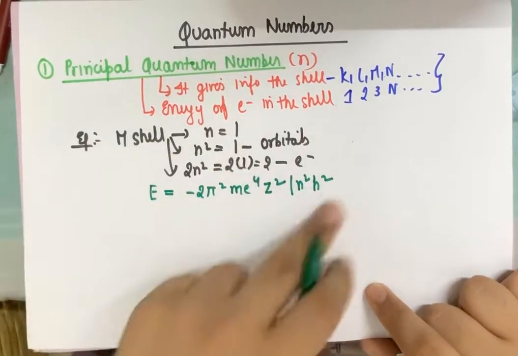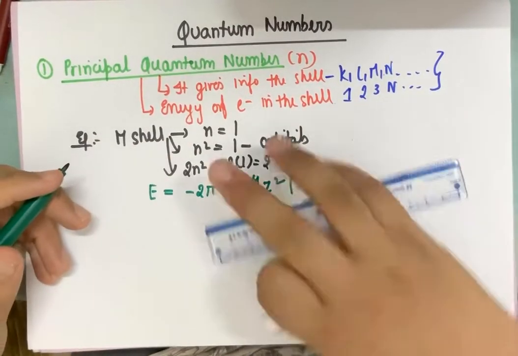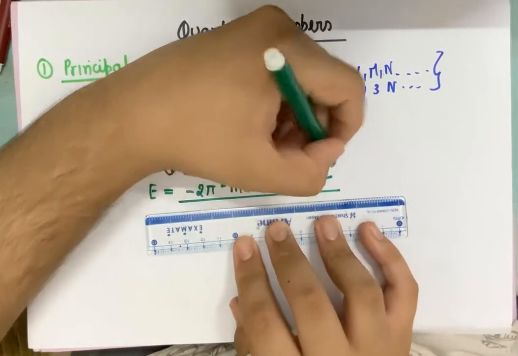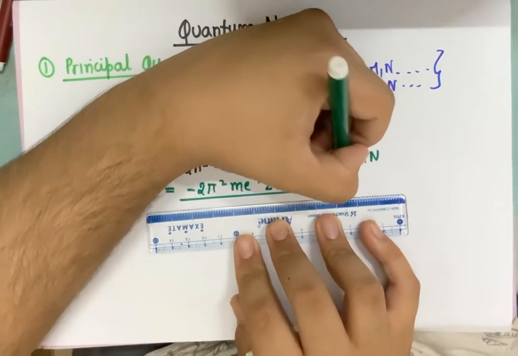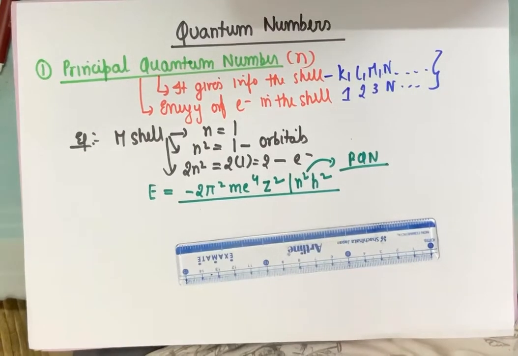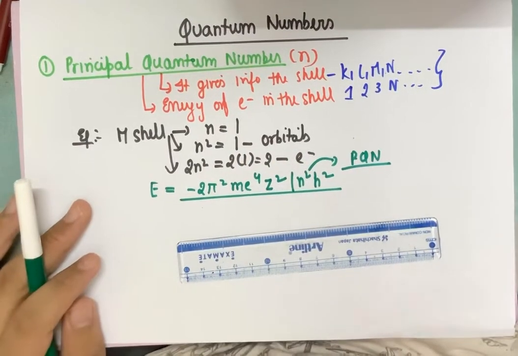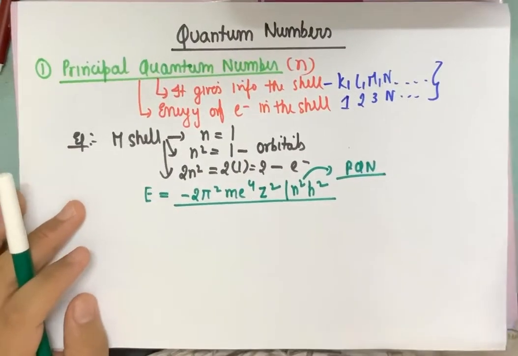This is the formula which we use for the energy of an electron from the principal quantum number, where n is the principal quantum number. This formula based numericals won't be asked, so no need to worry about that. Just for information I have given this formula.